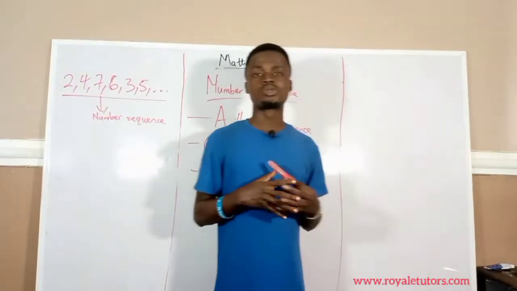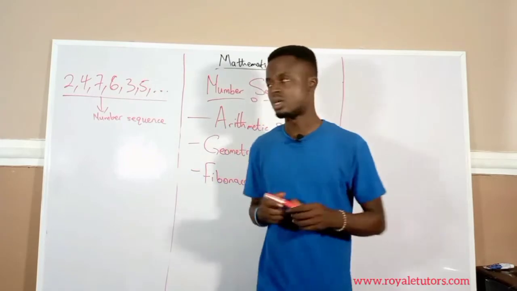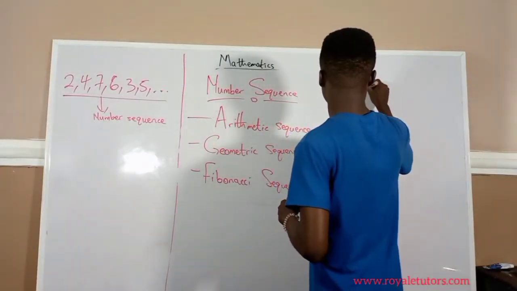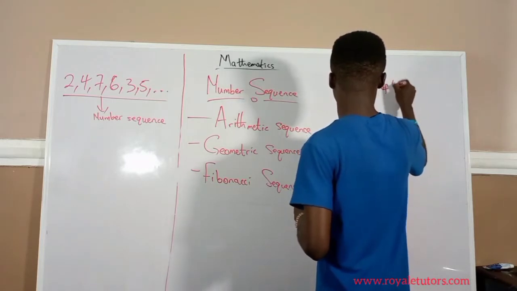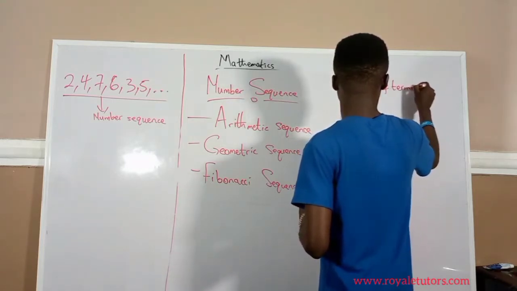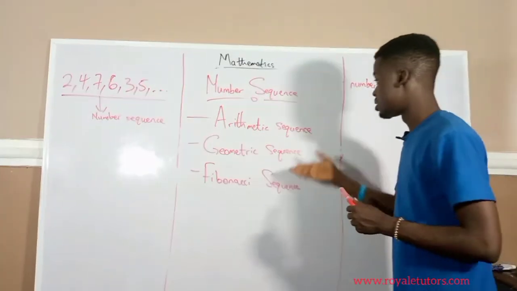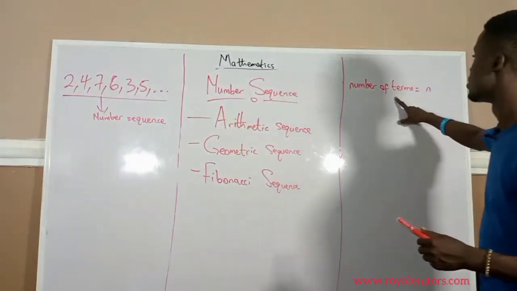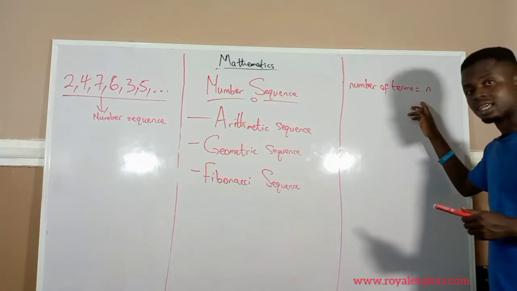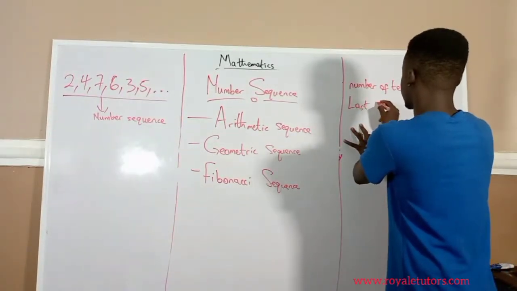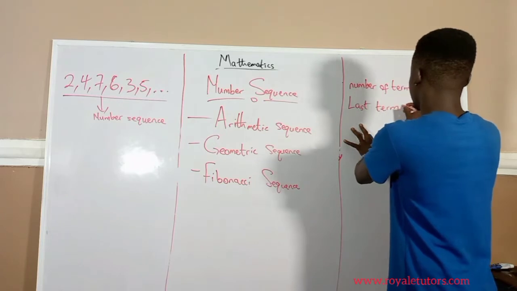But generally, when you talk about sequence, there are some things I want us to establish. The first thing is number of terms. This is most of the time represented by n. Either you're talking about arithmetic or geometric or Fibonacci, most of the time, number of terms is represented as n. I want us to also recognize the last term.